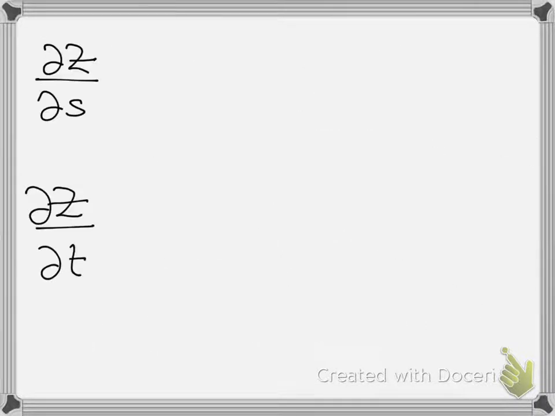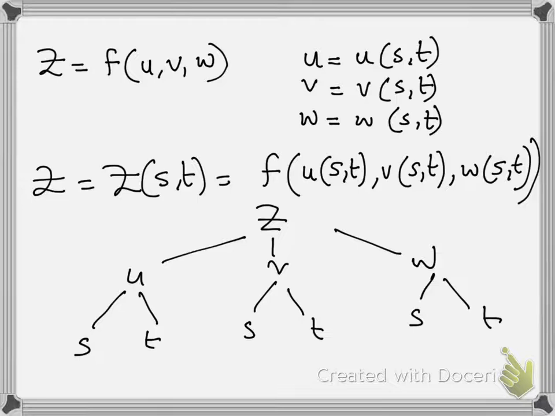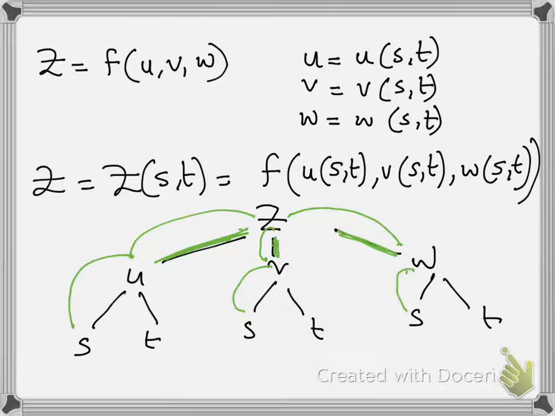So let's say you want to compute partial z, partial s, okay? There are three ways to go from z to s. First you can go through u, so that will be partial z, partial u, and then partial u, partial s. Or you can go through v, so that would be partial z, partial v, and then partial v, partial s. Or you can go through w, so that's partial z, partial w, and then partial w, partial s, right?